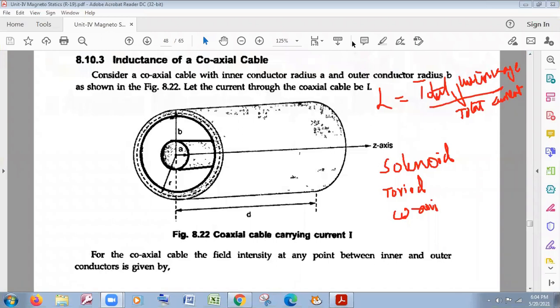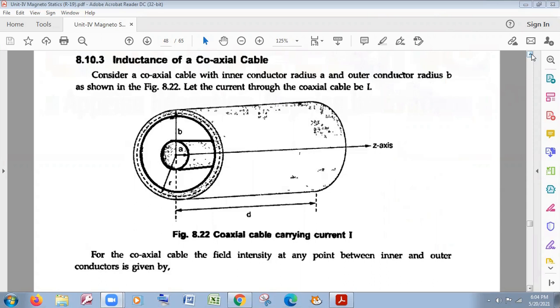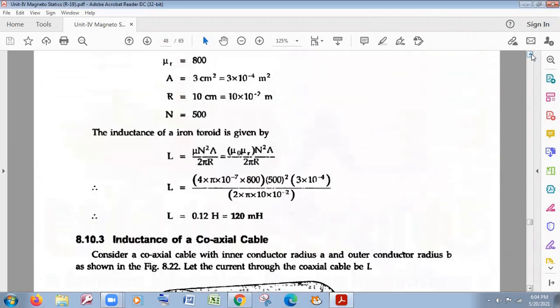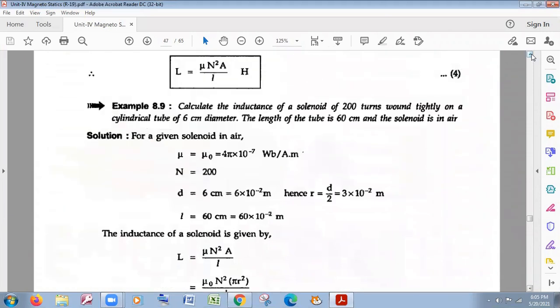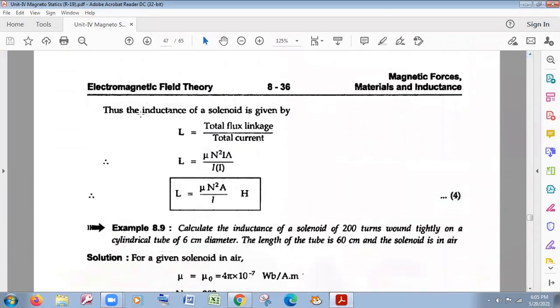First, I am saying that it is the inductance of the solenoid. See here, the inductance of the solenoid, the first one. What we got, the inductance of the solenoid is given by L is equal to total flux linkage by the total current.